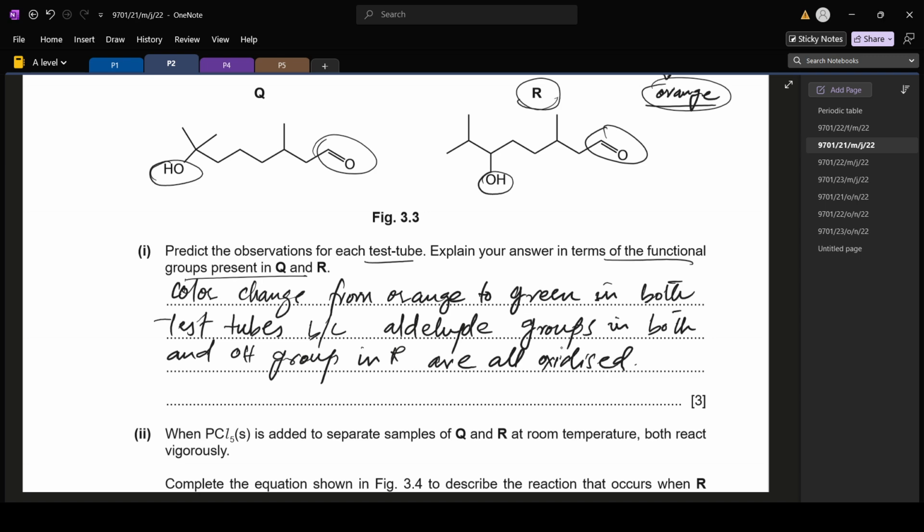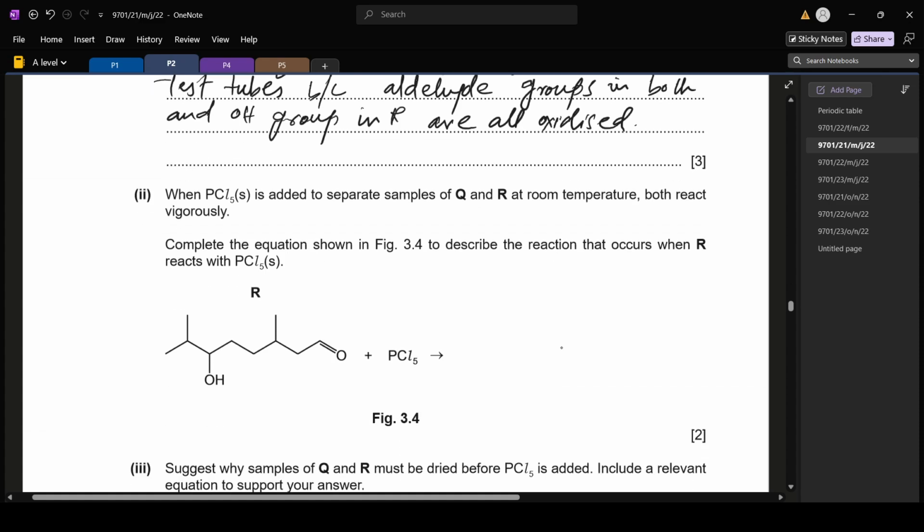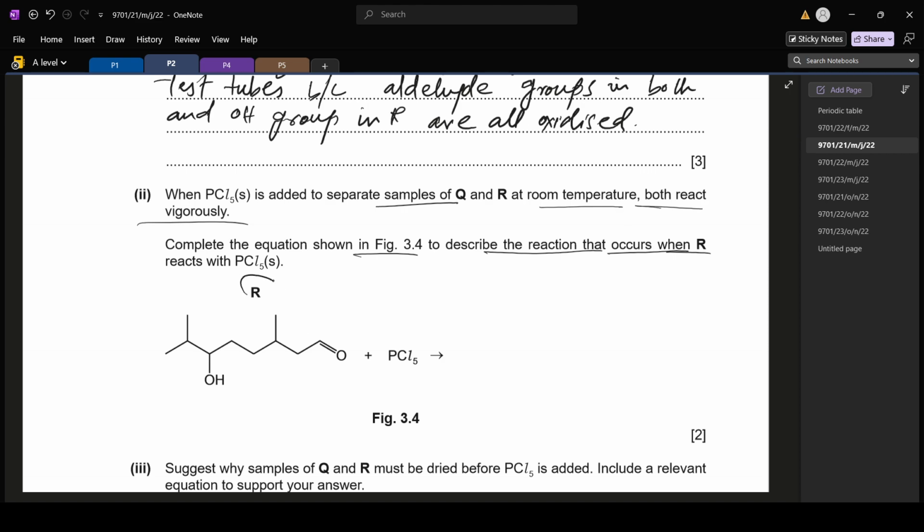Part 2. When PCl5 is added to separate samples of Q and R at room temperature, both react vigorously. Complete the equation shown in figure 3.1 to describe the reaction that occurs when R reacts with PCl5. So when PCl5 reacts with R, this OH group will be substituted.